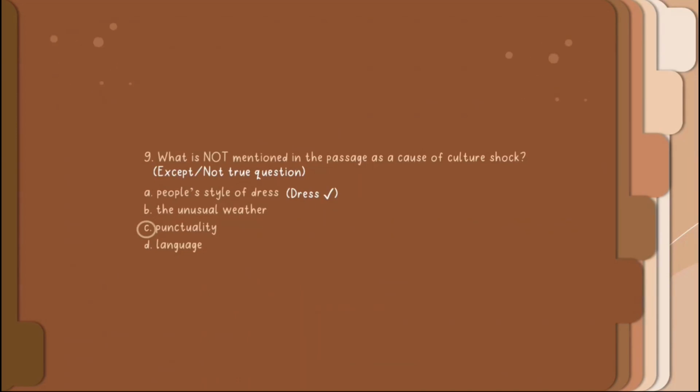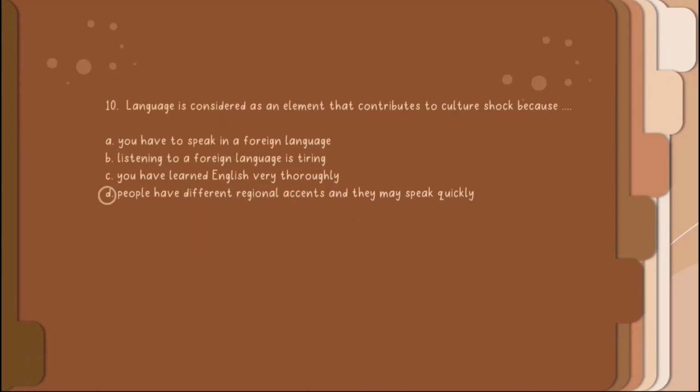The unusual weather is mentioned in the climate category, so it is correct. And language is also mentioned in the passage, so it is correct. For punctuality, it was not mentioned, so we put an X. And for the last question of reading passage 1, the answer is D.